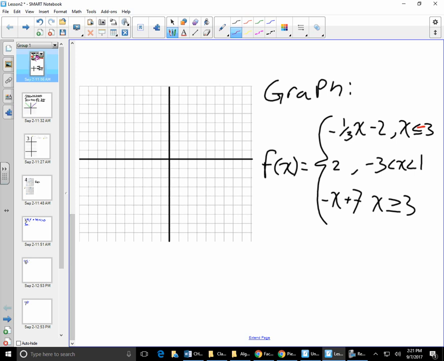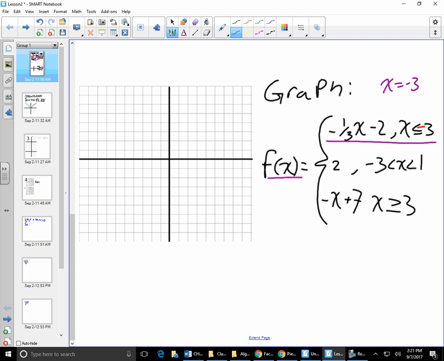So let's use this magenta color, and let's graph this first part. If x is less than or equal to negative 3, then we use f of x is equal to negative 1/3 x minus 2. Because it says x is less than or equal to negative 3, let's start by using x equals negative 3. So at x equals negative 3, we're going to have negative 1/3 times negative 3 minus 2.